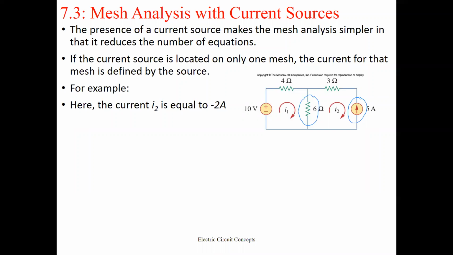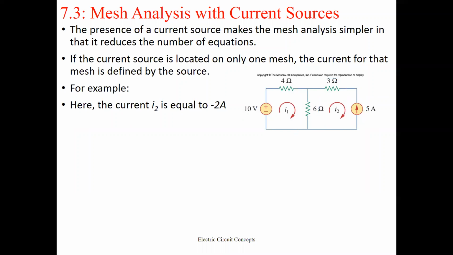If we have a current source in the middle, that will be a problem. We are not going to cover this one. We're going to cover only if we have a current source either here or here or here, just on the side, not in between the two meshes here.